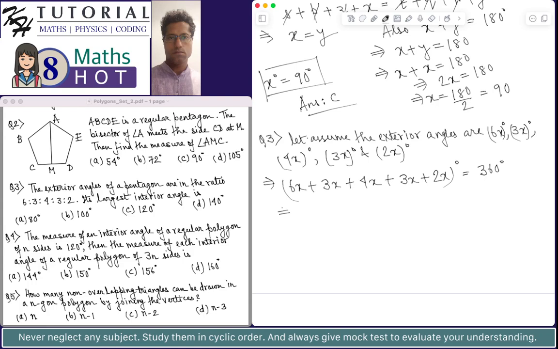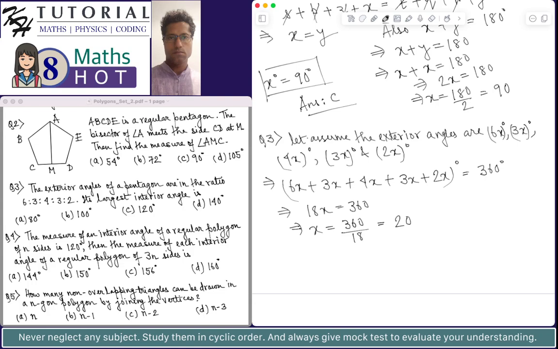Now ignoring the degrees, if we sum up all the x terms on the left hand side, we get 9x, 13x, 16x, 18x is equal to 360. This implies x will be equal to 360 divided by 18, which is equal to 20.